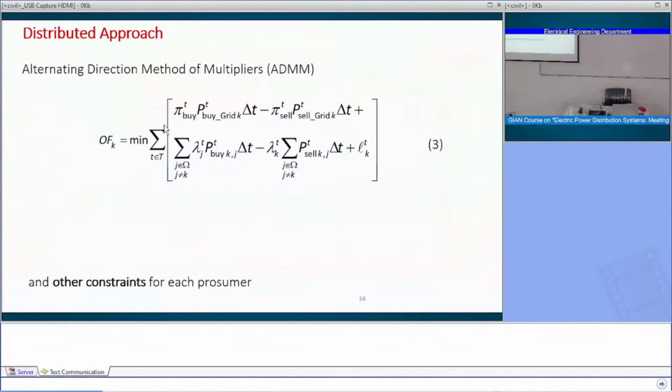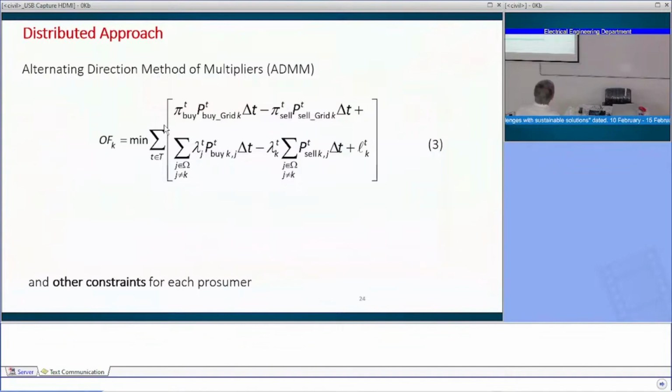You see that we need to put in this lambda. And these lambda are the prices of these internal transactions. But these prices are different from the prices of the transactions with the resellers, with the grid, because the prices with the resellers are fixed, predefined by the resellers with the contract.